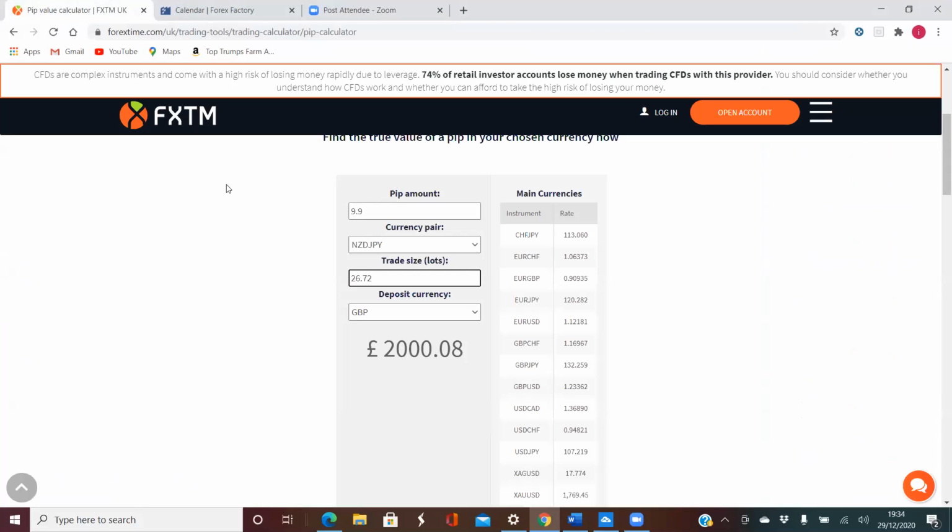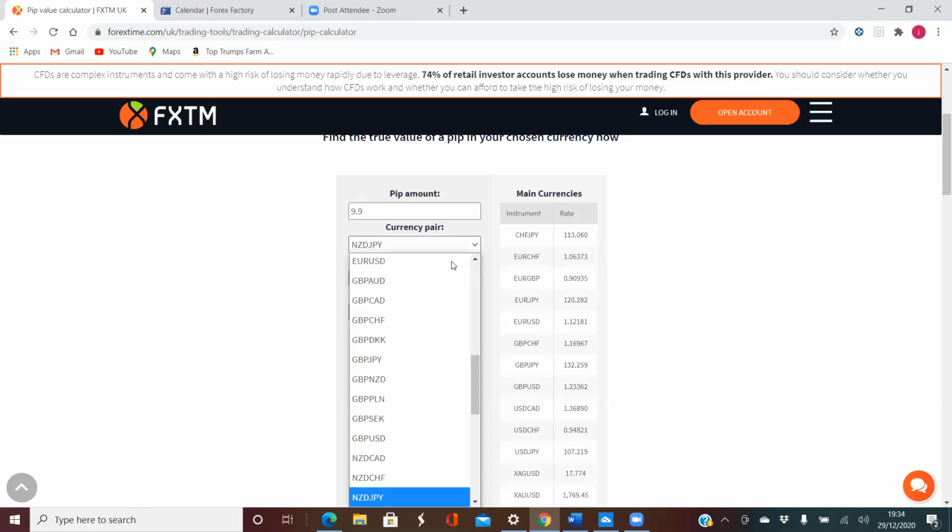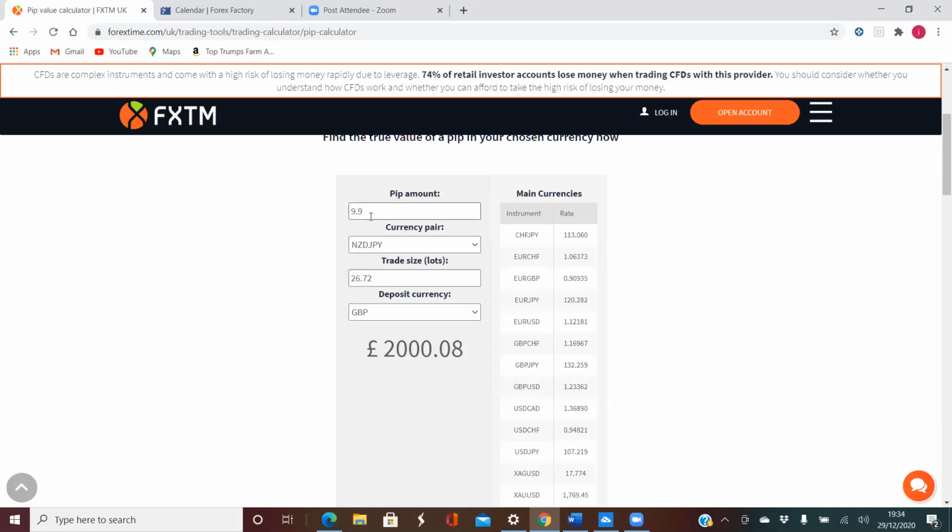Do you remember a couple of weeks ago, I was chatting to you guys about the pip value calculator? So what is 2% on a £1,000 account? How much is that in pounds? 10%.